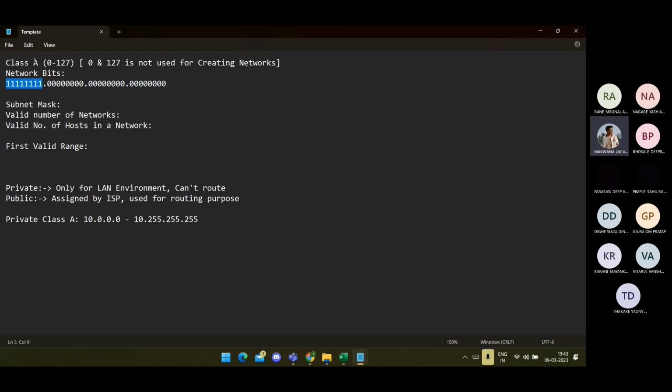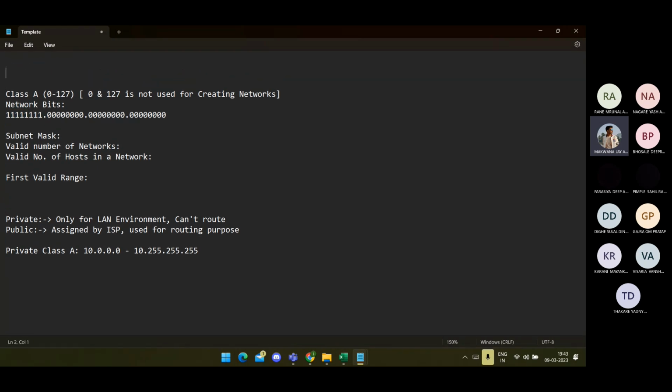And for class A, we have the first octet as the network. So each IP address is divided into 2 parts. One is the network bits and the other is the host bits. Okay.